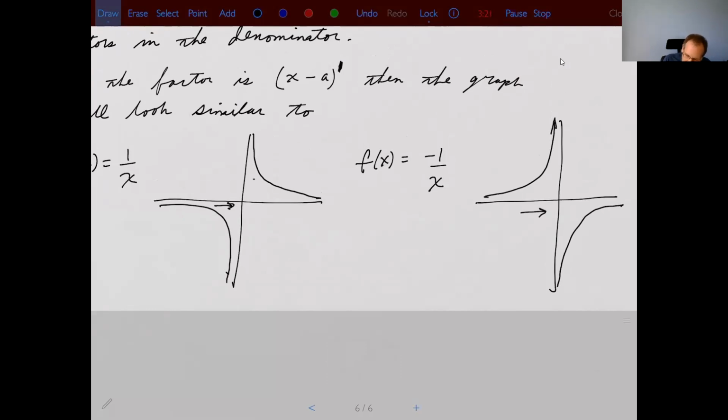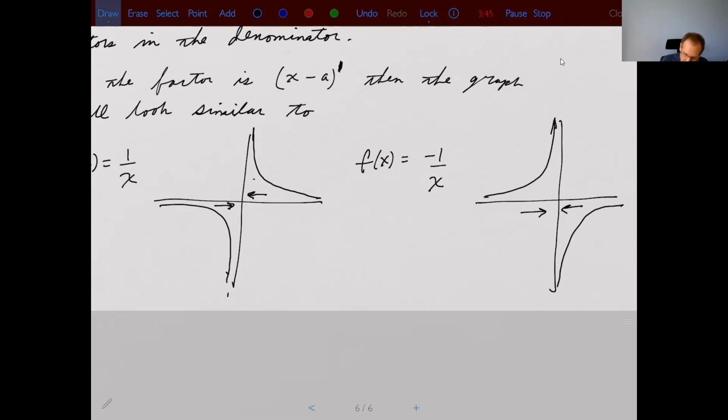And then the other side will do the opposite. So if I approach from the right, this one's going to positive infinity. And over here, this one's going to negative infinity. But it's doing the opposite. One side is approaching negative infinity. The other side is approaching positive infinity. That will always happen near a vertical asymptote if the power is a 1.